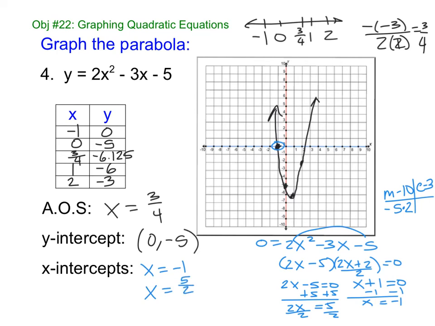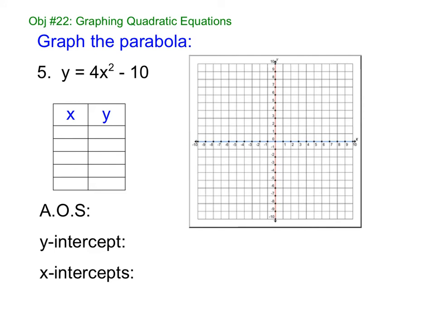All right, one more. Okay, this is the one that messes everyone up. Everyone always freaks out. So I want you to pause and see what you can do with it. So if I do my -b/2a, what is my b value? ax squared plus bx plus c.